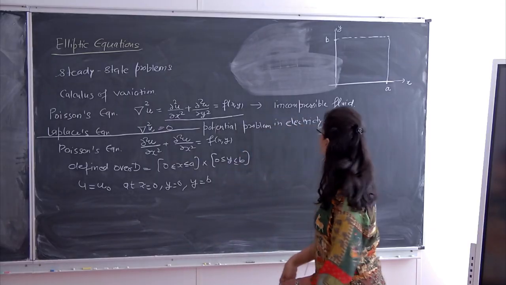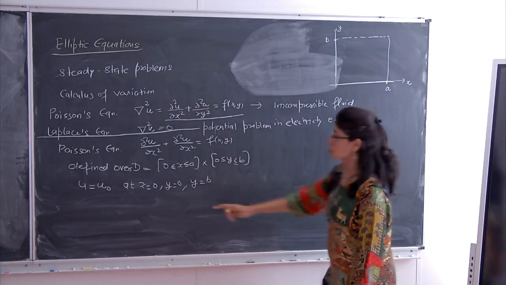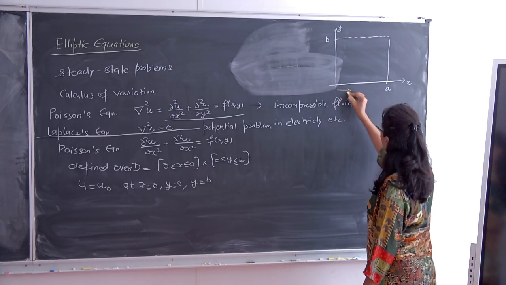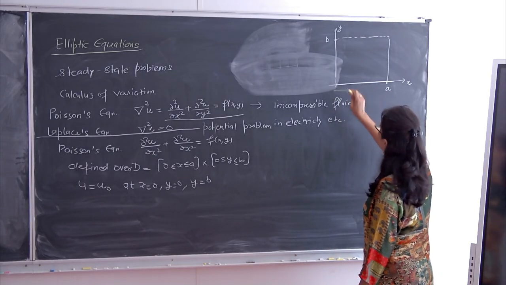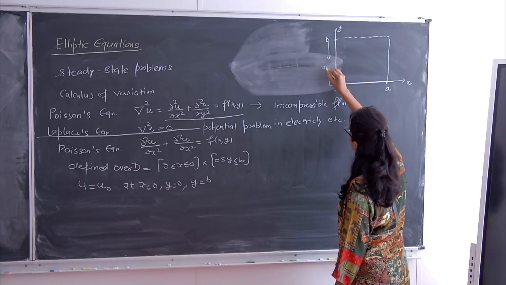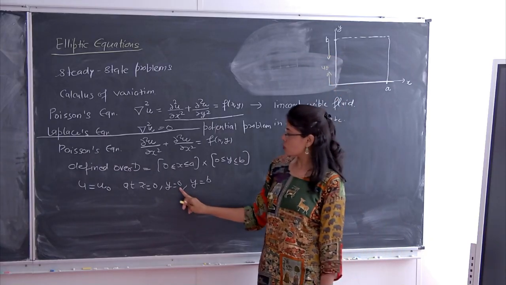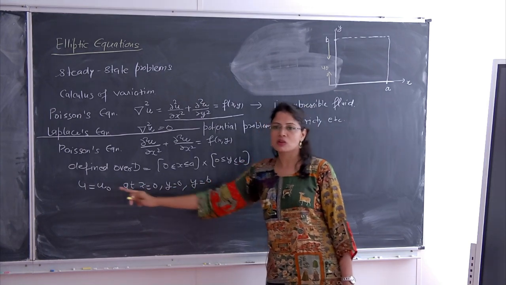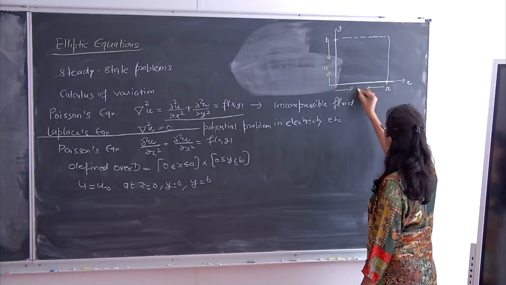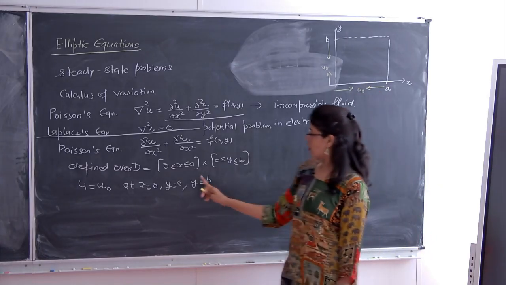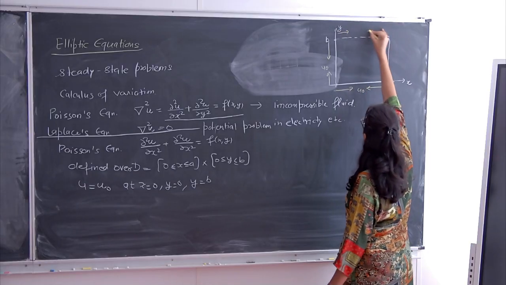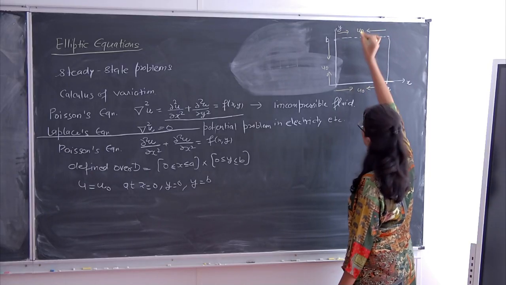We are given that the function value is u naught, fixed at x equal to 0. Here, at x equal to 0, the function value is given to us, which is u naught. When y is equal to 0, this is again given to be a constant, u naught. And when y is equal to b, it means here also we are given the function value to be u naught.